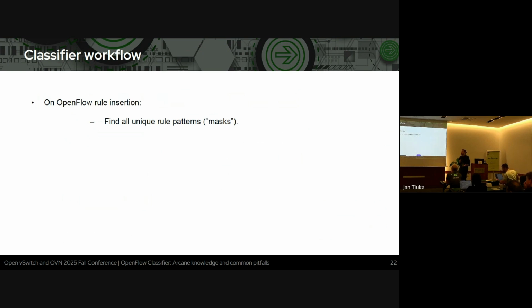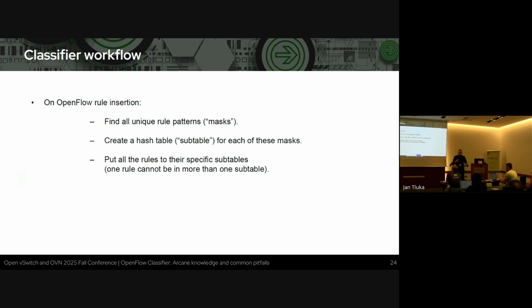So to recap the workflow on OpenFlow rule insertion, we need to find all the unique match patterns. Then we create a hash table for each of these unique match patterns, which are called subtables in OVS.